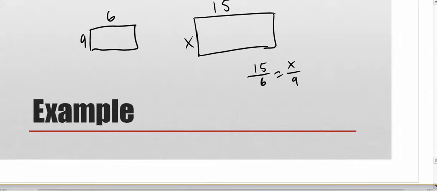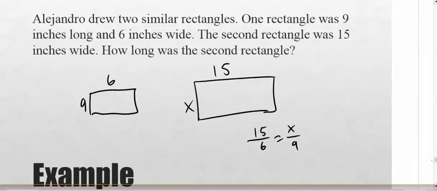Okay, so 15 times 9, which is 135. Yeah, 135. And then 6 times x, which equals 6x.